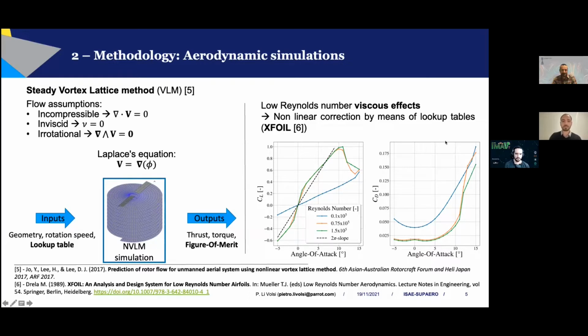Here you can see an example of a lookup table for a NACA 12 airfoil. We have the lift and drag coefficients as functions of the angle of attack and for 3 different Reynolds numbers. And the outputs of our NVLM simulations are the thrust, the torque, but also the figure of merit that corresponds to the aerodynamic efficiency of the rotor.